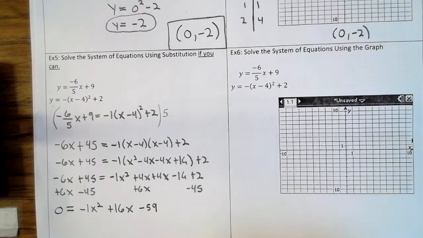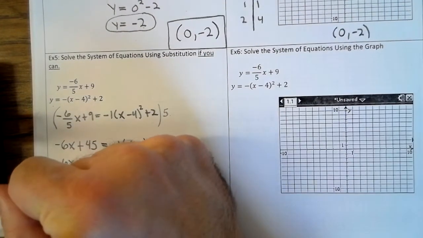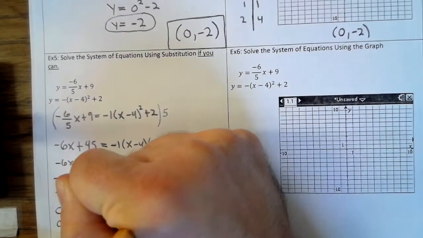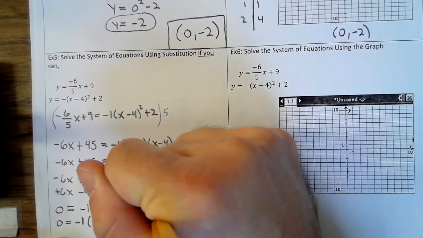Now you first want to factor out a negative 1. So 0 = -1(x^2 - 16x + 59).